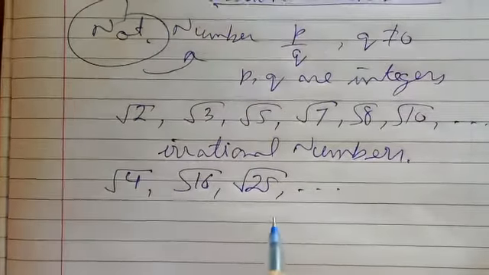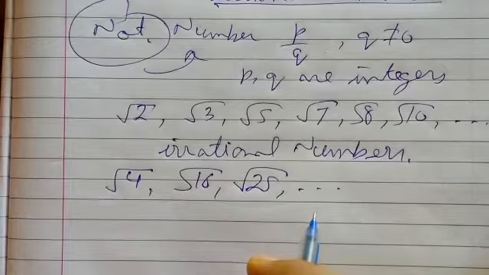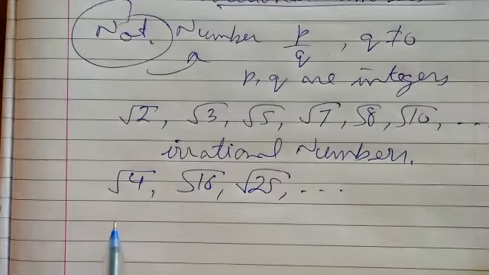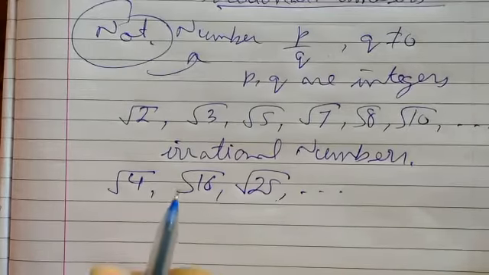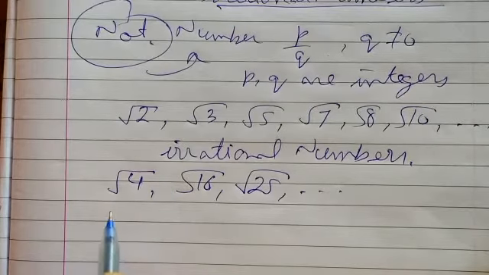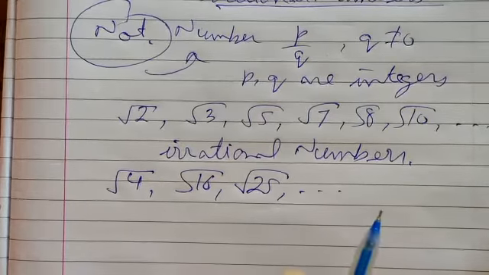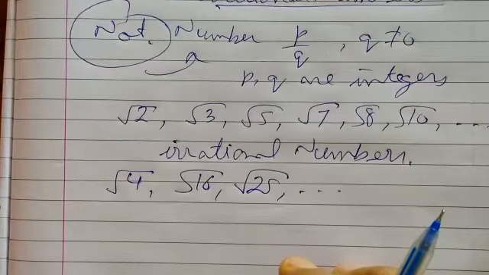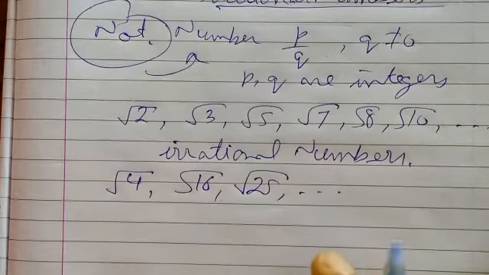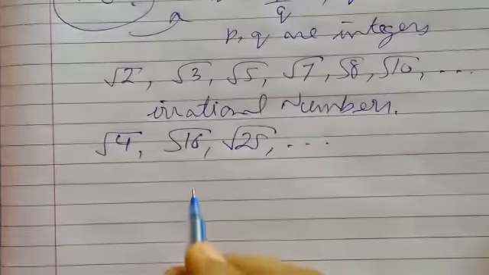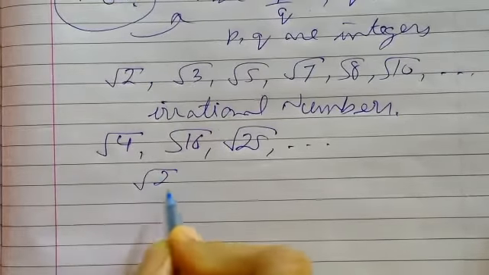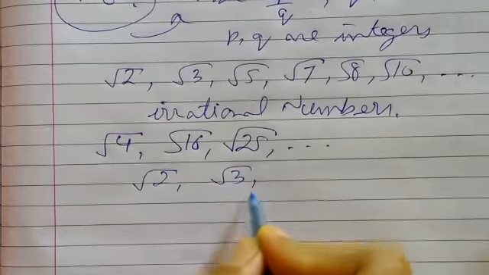So what we can see from here is that the numbers which are perfect squares, the square root of such numbers do not give us irrational numbers. So for a number to be irrational, the number should not be in the form of a perfect square.